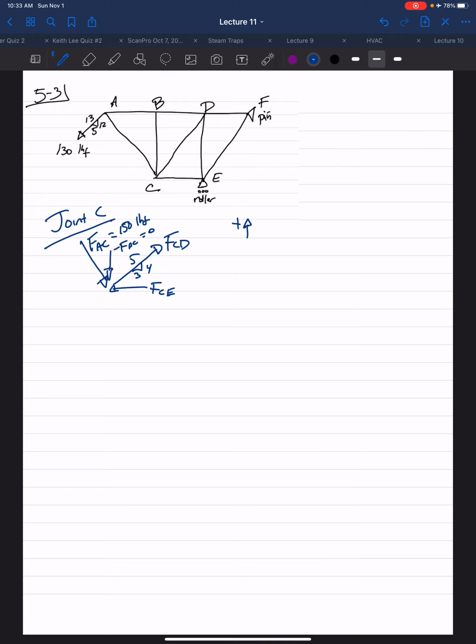So if we take our sum of our forces in the y direction, and remember this here is a 3, 4, 5 as well.